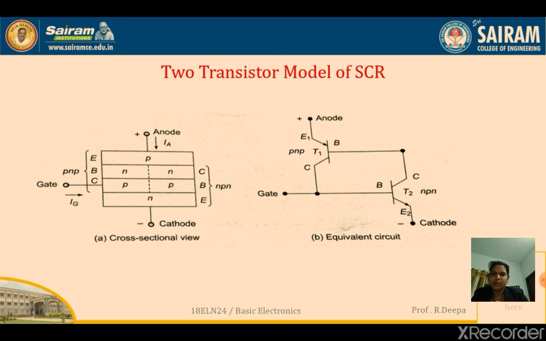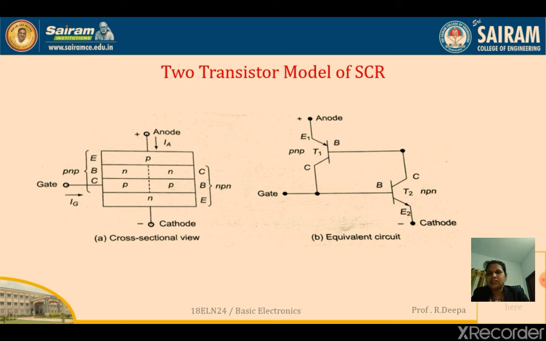This emitter, base, collector is considered as an NPN transistor, and the gate terminal is taken from the second p-type material of the SCR.